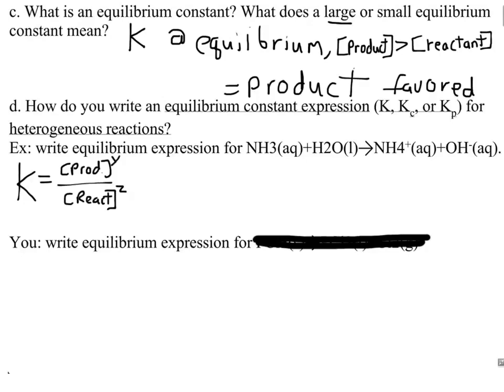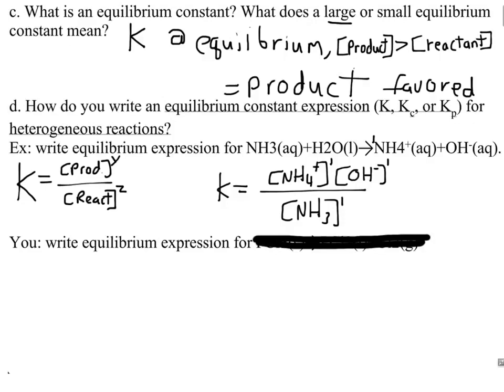You calculate K by the concentration of the products raised to their coefficients over the reactants raised to their coefficients. Remember, brackets mean concentrations. So we're going to do all the products, that's going to be ammonium and hydroxide for this example, over all the concentrations of reactants, which is just ammonia here, because water doesn't have a concentration because it's a pure substance.